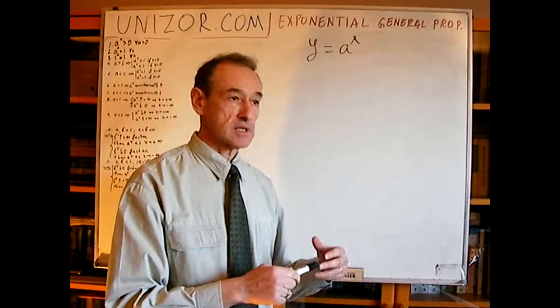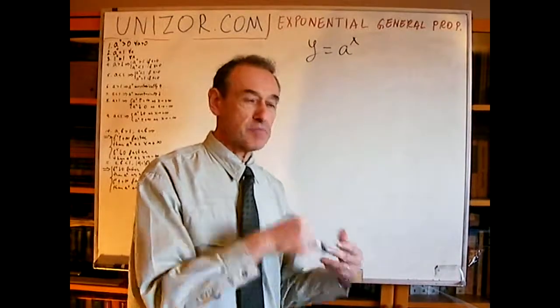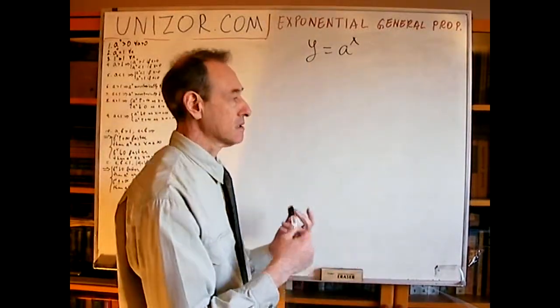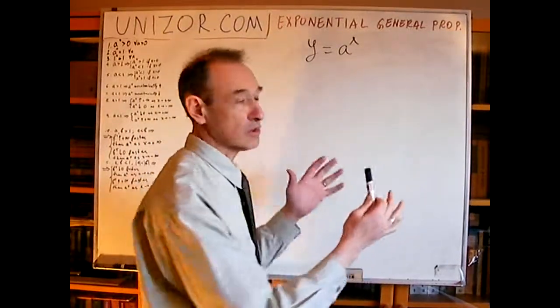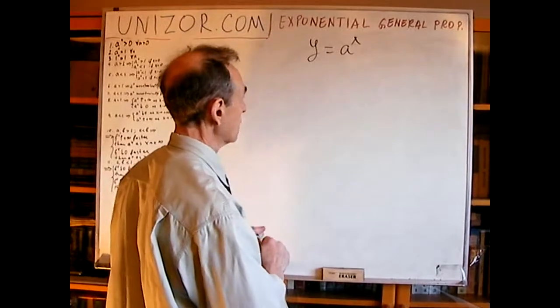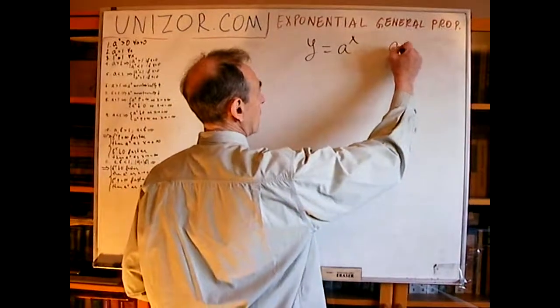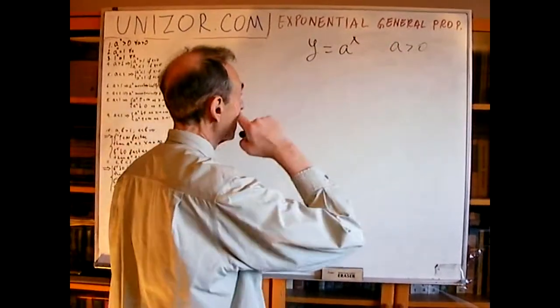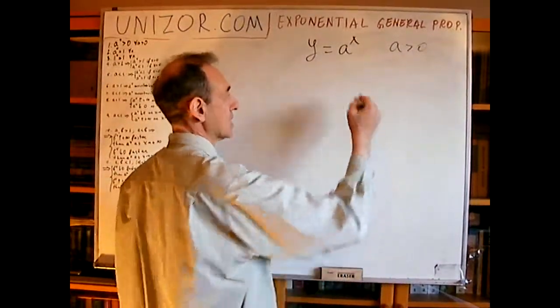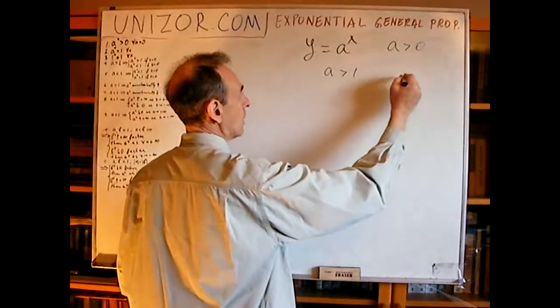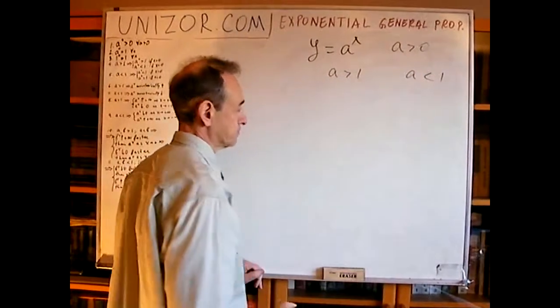This lecture is about properties, but the graph is based on the properties, and that's why I would like you just to keep in mind how the general picture actually looks. So, this function is defined for all positive a, and we have to consider two different categories, a greater than 1 and a less than 1.